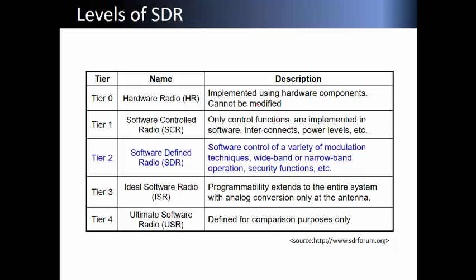Each could be described in this way. So, for example, if we want to define some program, this programmability extends to the entire system with the analog conversion only at the antenna.